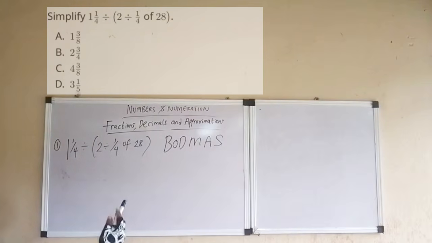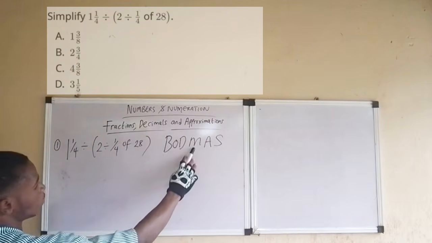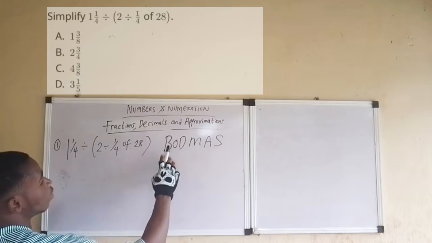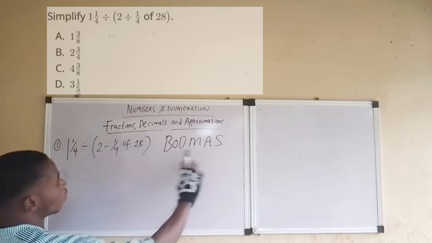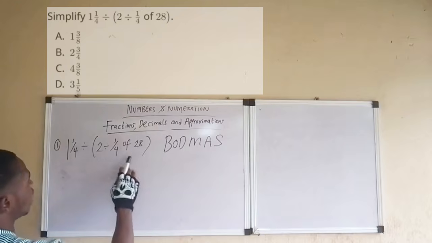So what this means is that if you find a bracket first, simplify it first before you multiply. If you find an of sign first, simplify it before you subtract. Do you understand? Solve in the order of BODMAS. That's the idea. So here, you can see we have division, we have of, we have a bracket.